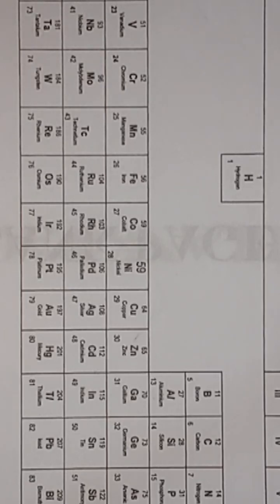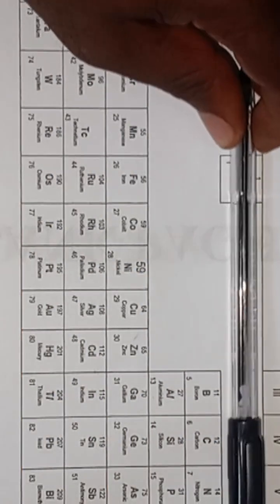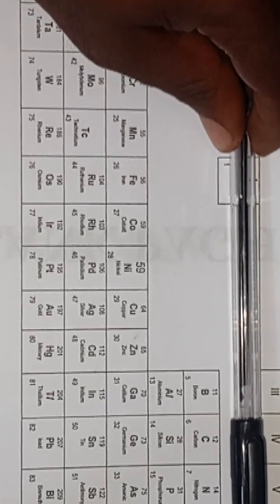So periods, remember the definition of a period. A period is simply the horizontal row of elements on the periodic table. So in period 1, we only have 2 elements, hydrogen and helium. So this is period 1.